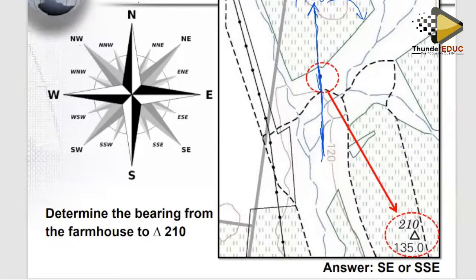So our line should come as a straight line from the farmhouse going straight until we connect to the station here. So we are assuming I'm connecting to this red line indicated here until I reach the center of my trig station. This is my straight line connecting the farmhouse to the trig station. You will join those 2 points using your ruler.